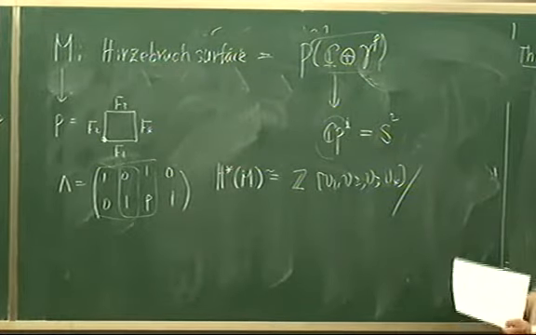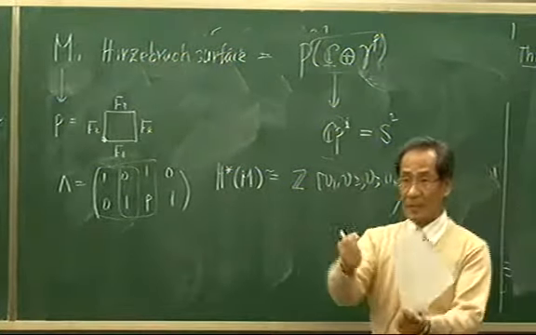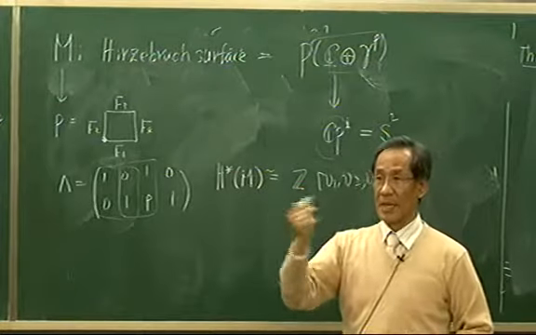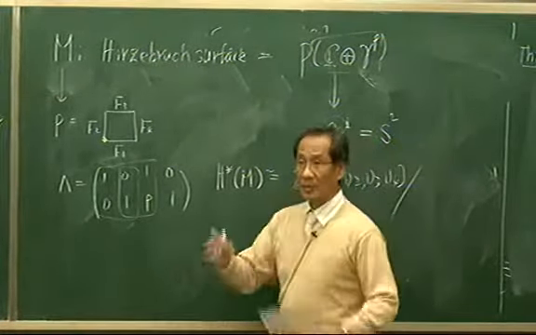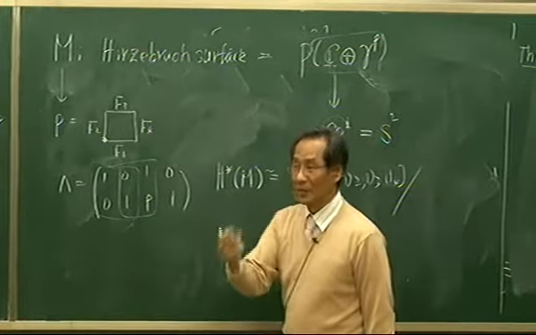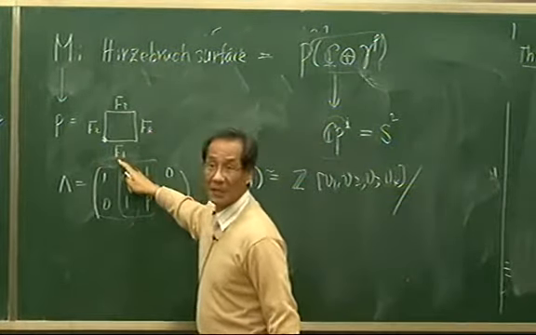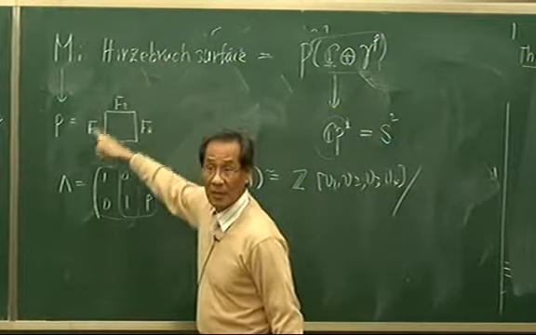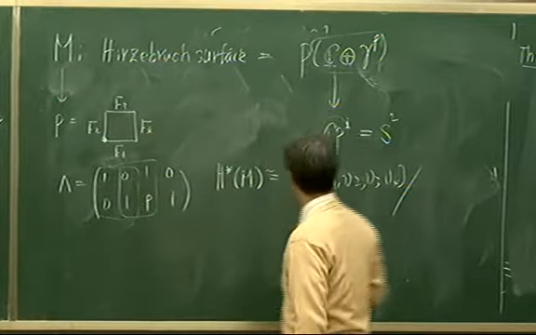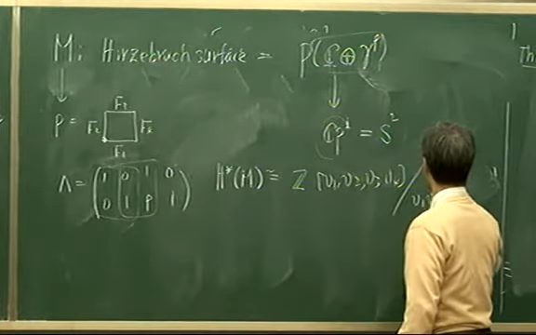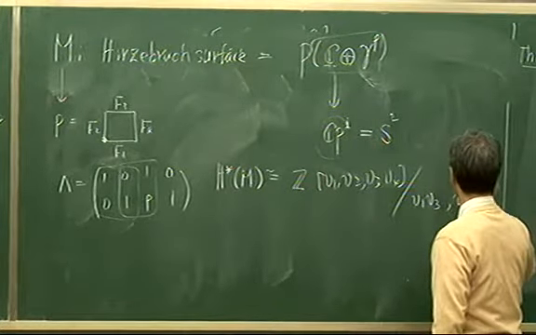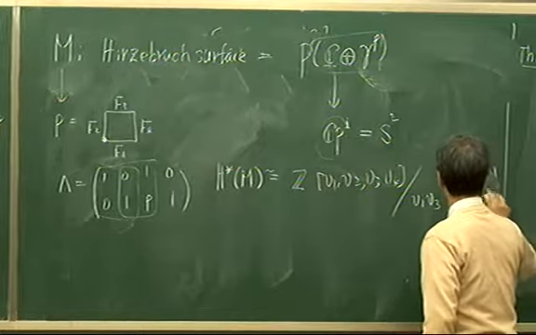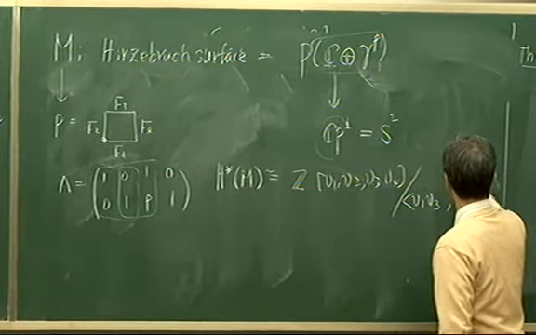I is a generator where the intersection of facets is empty. You need to choose the minimal one. So F1 times F3 is 0, F2 times F4 is 0. So V1 V3 and V2 V4, multiplication. This is I.